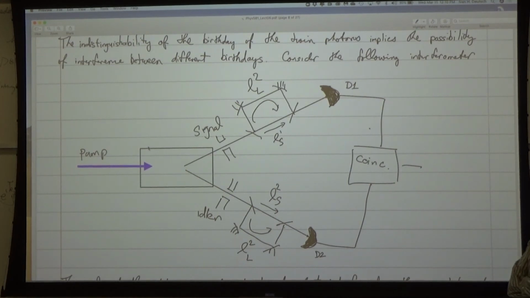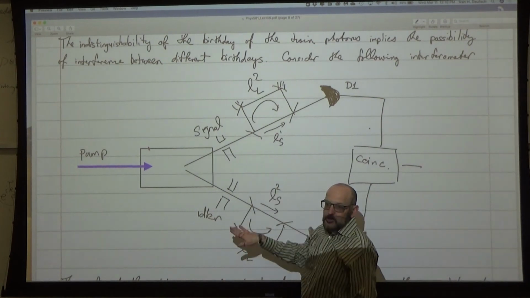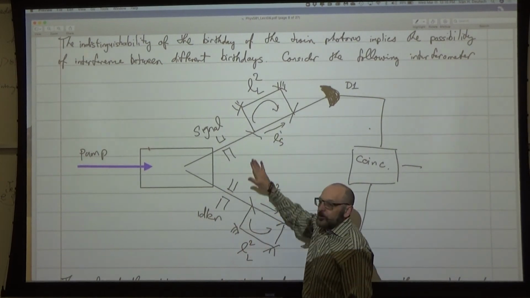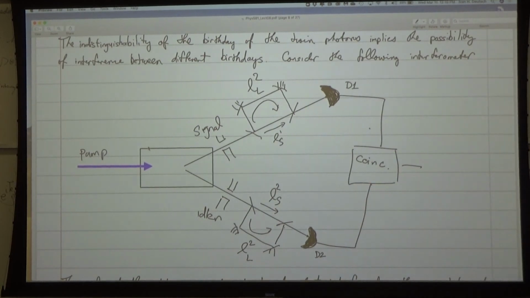What do we got here? I have two Mach-Zehnder interferometers in these two different arms. Okay? They're unbalanced interferometers.